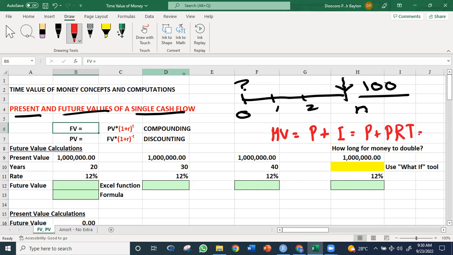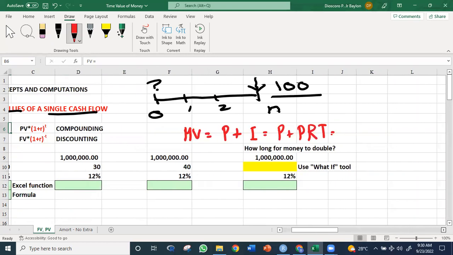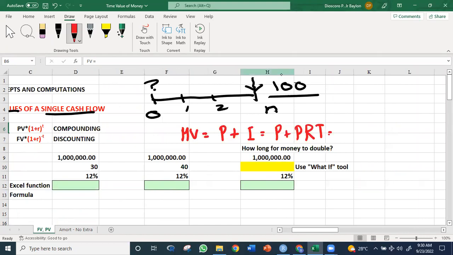And this reduces to, if you recall from our discussions, principal times 1 plus rt. So this is the simple interest factor.